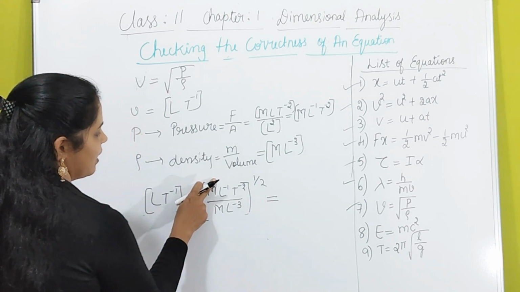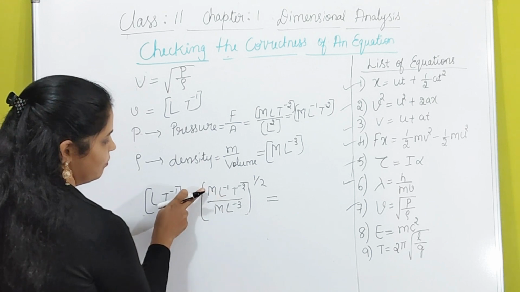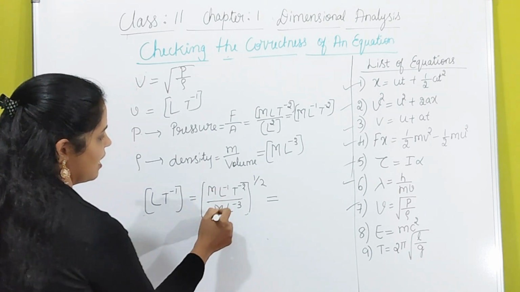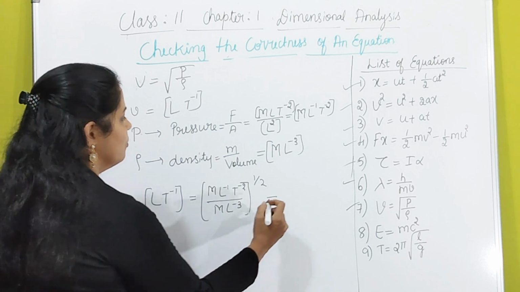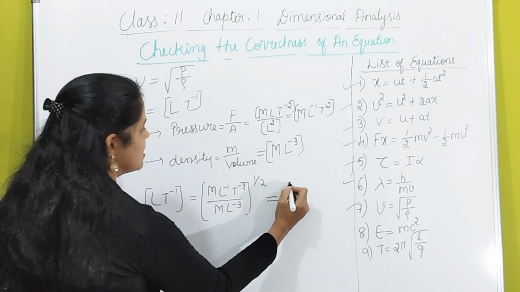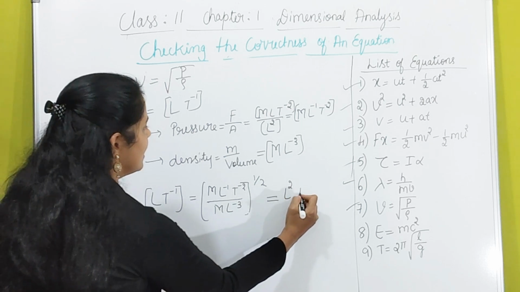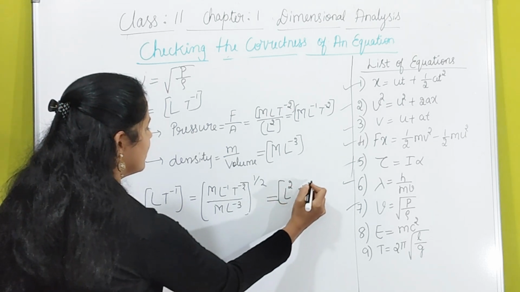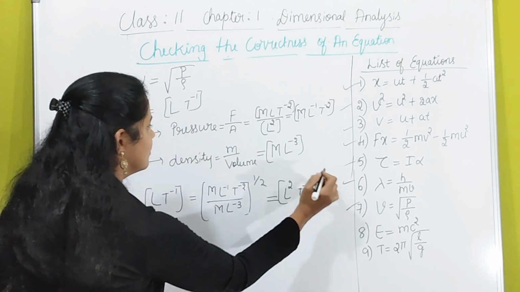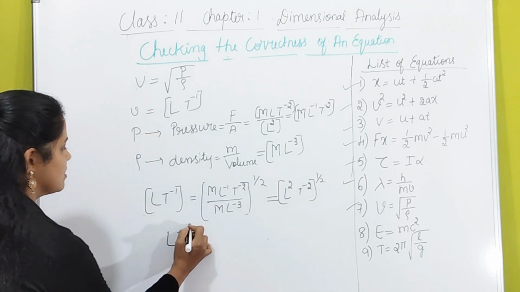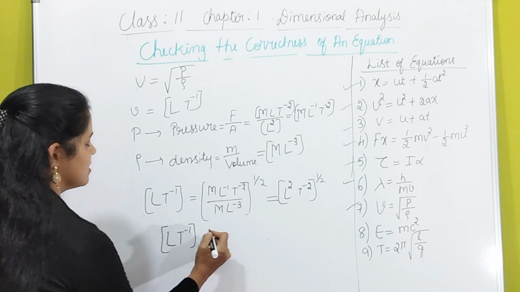M to the power half in the numerator and M to the power half in the denominator get cancelled, right? So these M cancel. Now L to the power minus 1 plus 3, 3 minus 1 is 2, and T minus 2, all to the power half. Keep this LT minus 1 as it is on the left hand side.